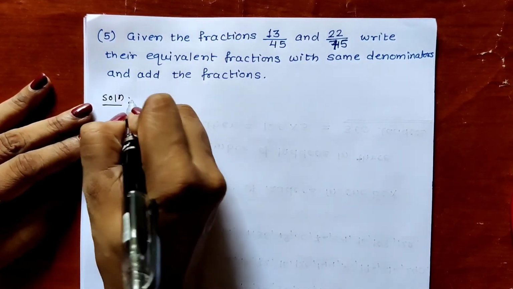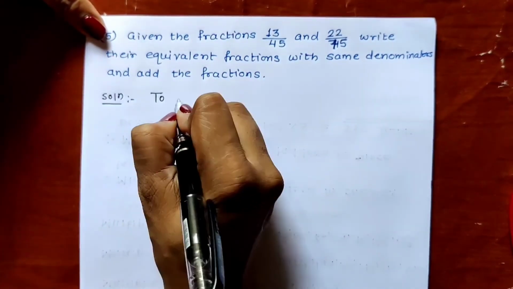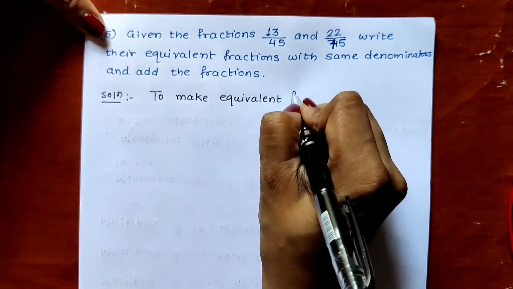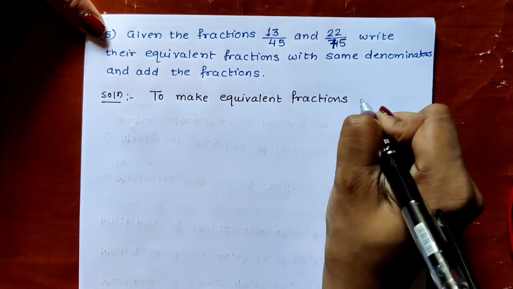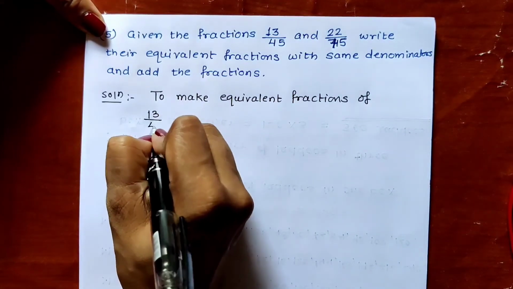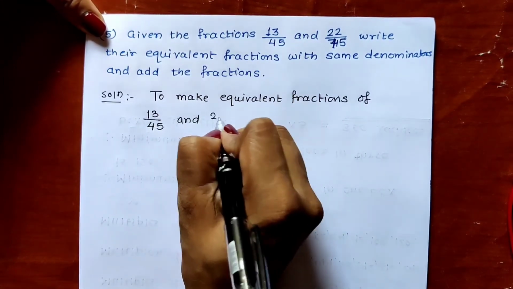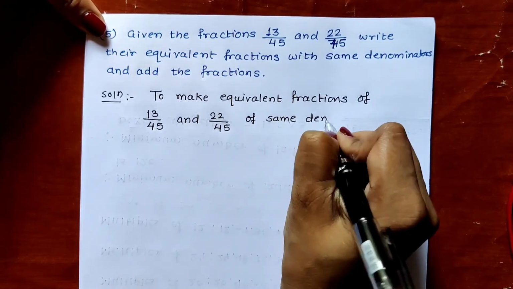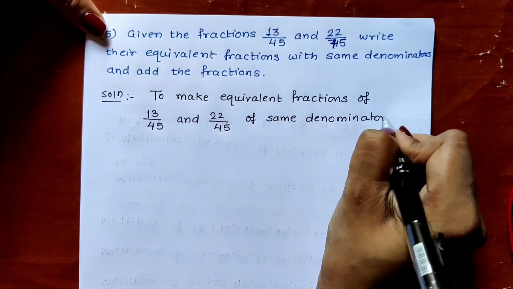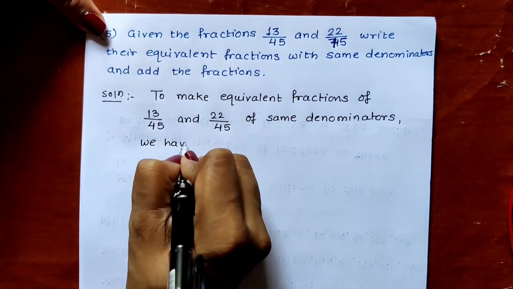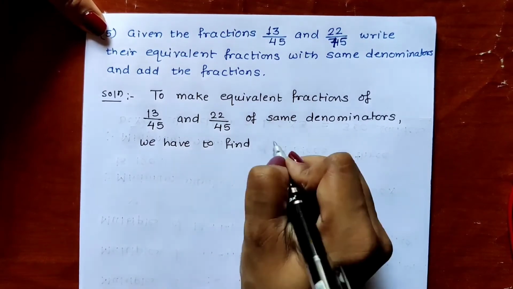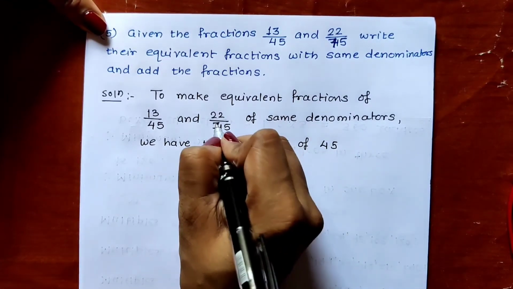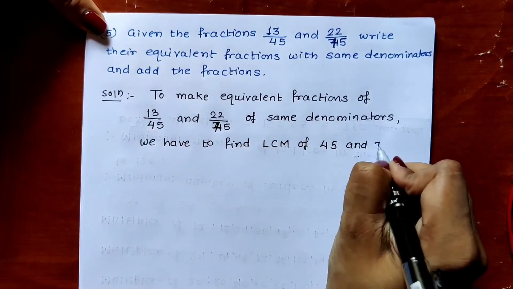Solution. To make equivalent fractions of 13 upon 45 and 22 upon 75 with the same denominators, we have to find the LCM of 45 and 75.